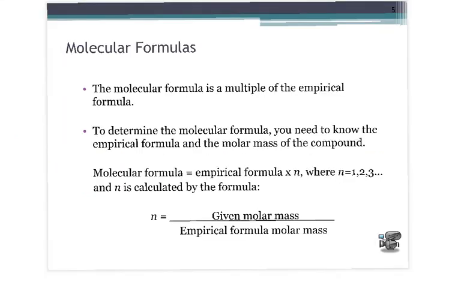Okay, so let's talk about molecular formula. And remember, molecular formula is a multiple of our empirical formula, and we multiply it by a factor. I want you to think about this as a square. If I tell you I have a square with dimensions that are 1 to 2, so its width is 1 and its height is 2, that's its dimensions in the simplest whole number ratio.